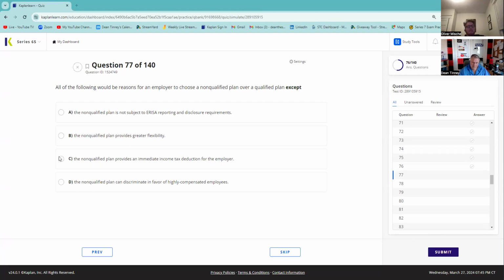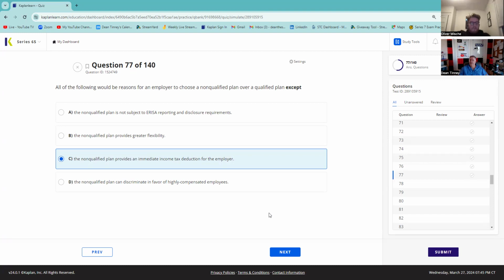The employer says if you have deferred comp, we're going to save some money because we're not going to pay you that money now. We're going to pay you later. I think it's kind of tough in this question to get to deferred comp. If I didn't go through this and think non-qualified, this is how I rolled back: I said variable annuity, but then I read the question again and it says employer, so that's not a variable annuity. Non-qualified employer, deferred comp is where I go to.